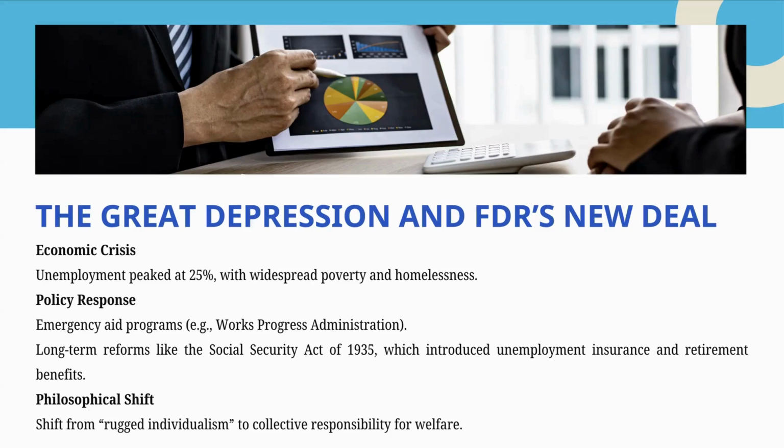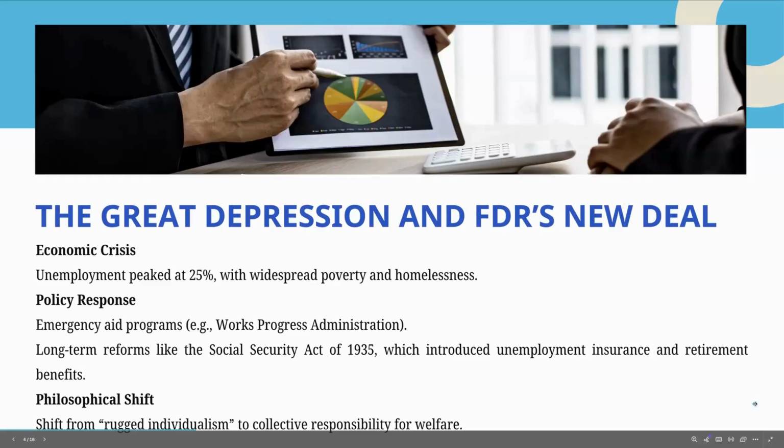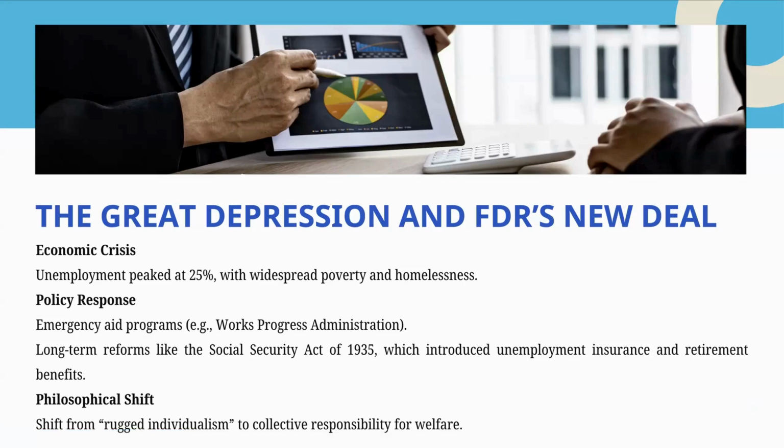In response, President Roosevelt's New Deal introduced emergency aid programs like the Works Progress Administration and long-term reforms, including the Social Security Act of 1935, which established unemployment insurance and retirement benefits.